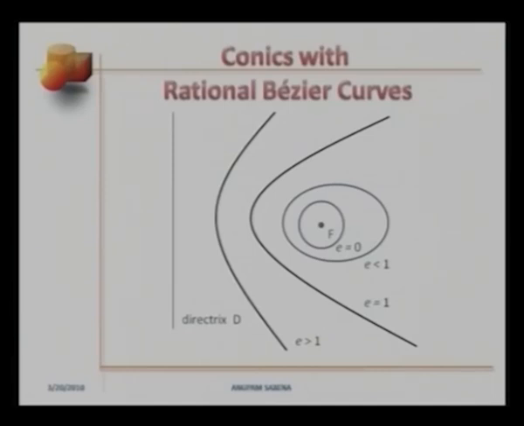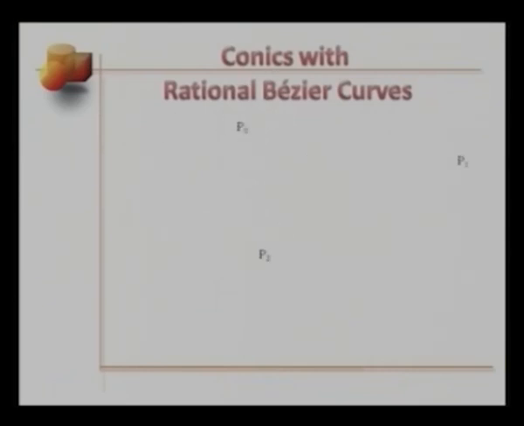Let's use this concept and try designing conics using rational Bezier segments. Let's consider a quadratic rational Bezier segment defined by 3 data points P0, P1 and P2. Let's sketch the corresponding control polyline.